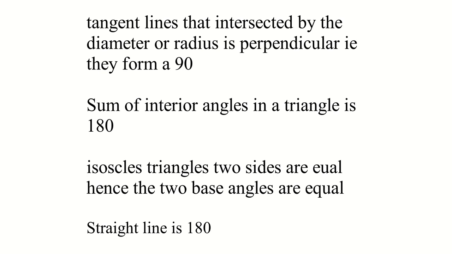So if you see a triangle and you have two angles, you can find the third angle by adding up those two and subtracting it from 180. In isosceles triangles, two sides are equal, hence two base angles are equal, and a straight line is 180 degrees.